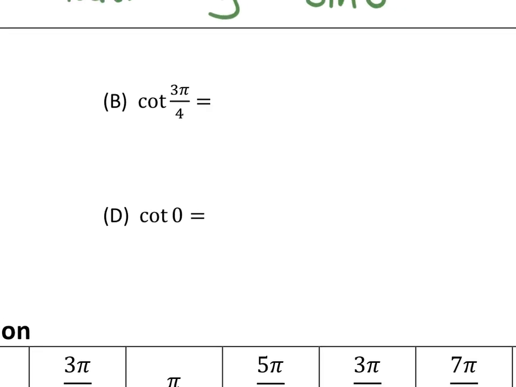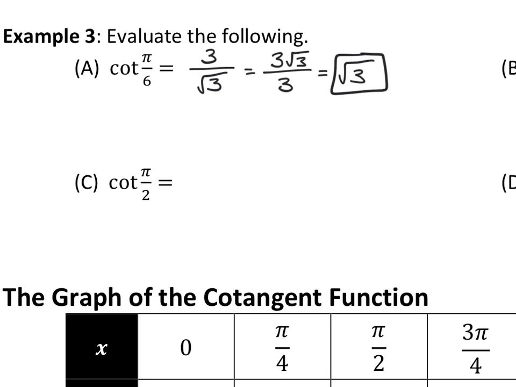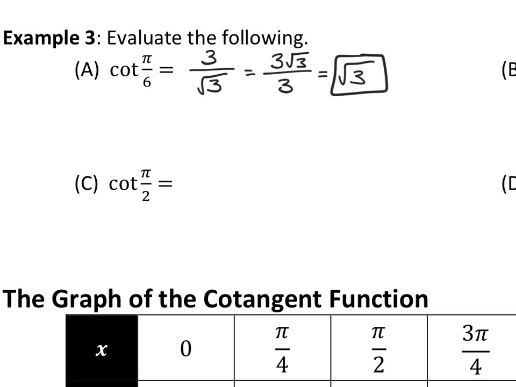Thinking about the cotangent of 3 pi over 4, well, that's a quadrant 2 angle, so I know tangent would be negative there. And tangent of pi over 4 is 1. The reciprocal of that is still just 1. The cotangent of pi over 2. Now, if you think about the sine and cosine values around the unit circle, that would mean that cotangent is cosine divided by sine.